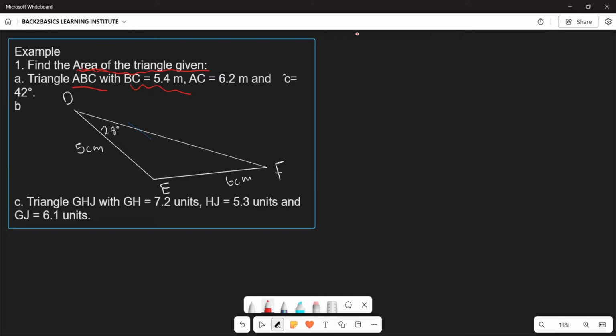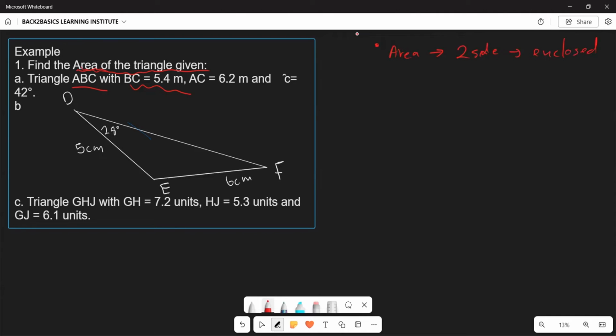Remember, we said the condition for calculating the area of any triangle that is not a right angle triangle is that you must have the two sides and an enclosed angle, right?